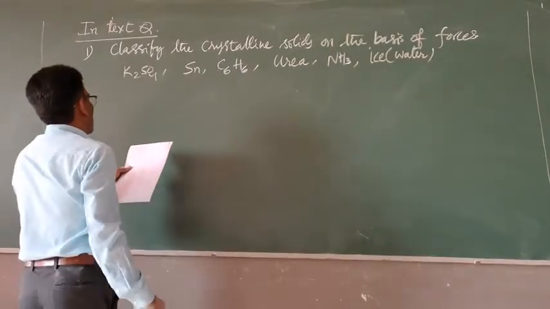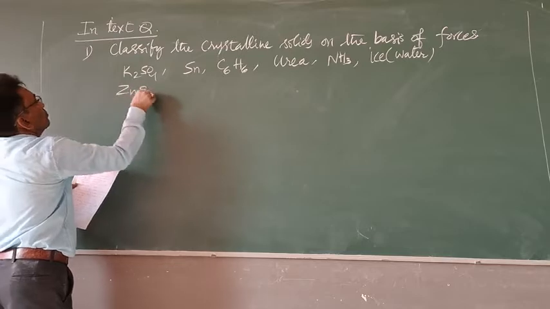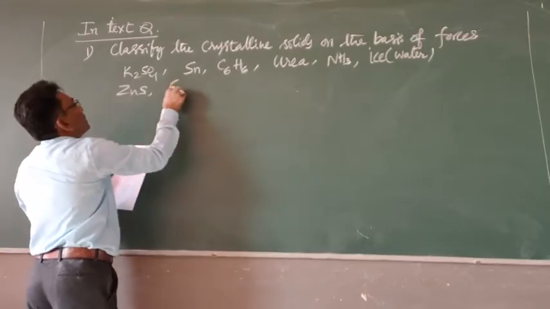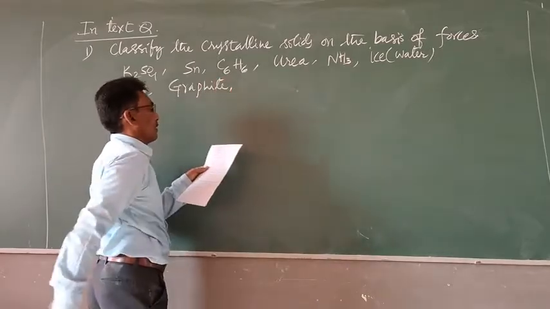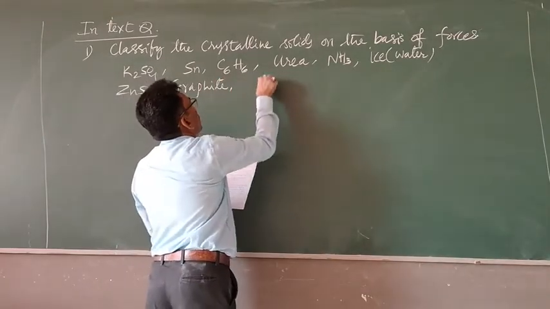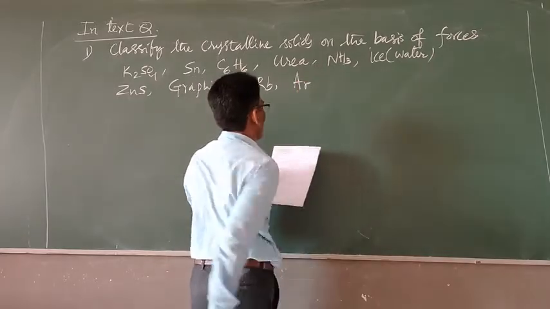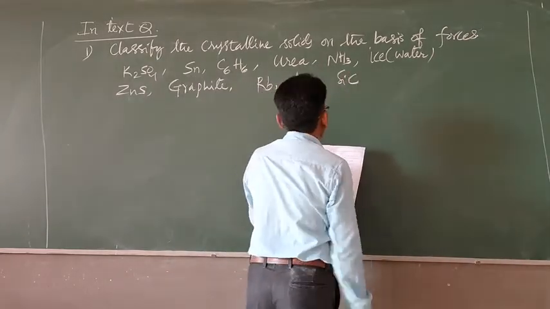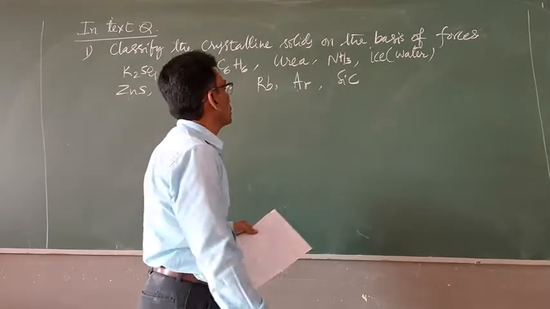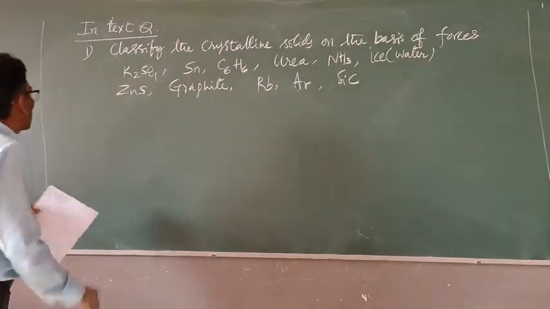Ruby, graphite, zinc sulfide, rubidium, argon, silicon carbide. Silicon carbide is nothing but carborundum.